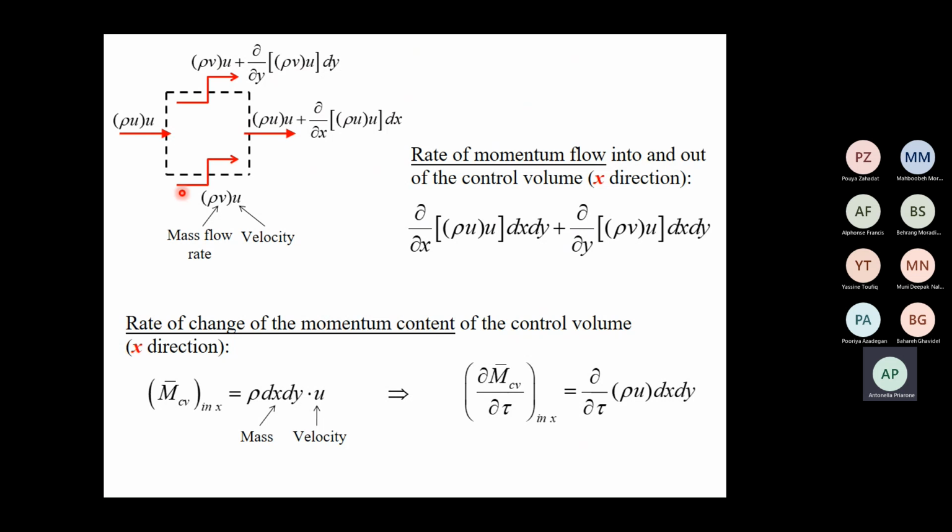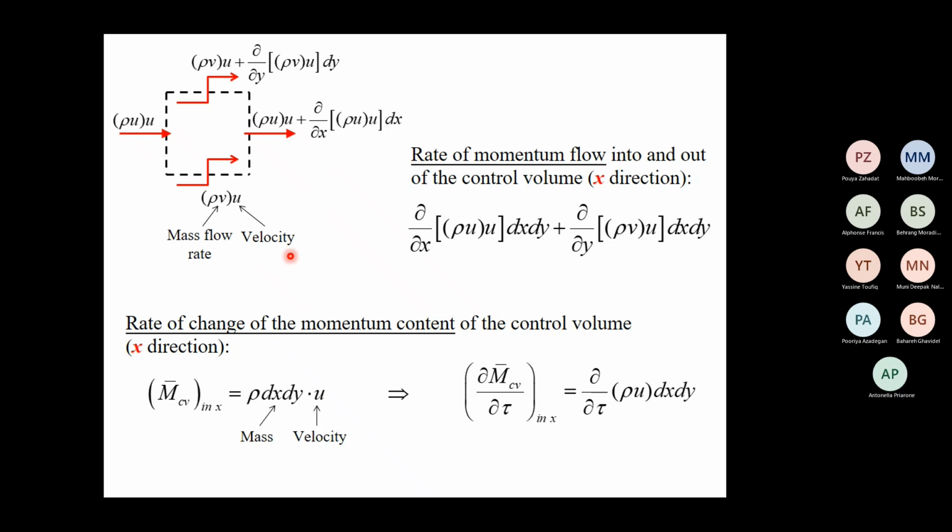Inlet is this one, and outlet is this one and this one. This is for the x direction, and the rate of momentum is the product between the mass flow rate and the velocity.